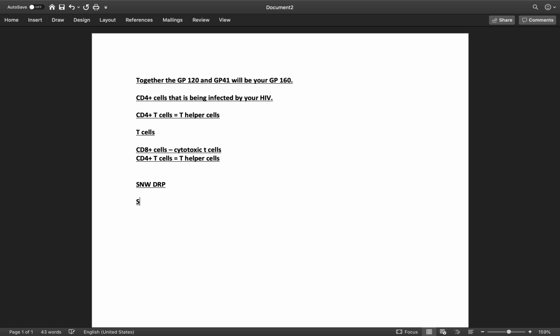S stands for Southern, which actually detects DNA. You also have your Northern blot, which detects your RNA. And on the other hand, what we have is your Western blot, which makes use of proteins on the identification of a particular organism.